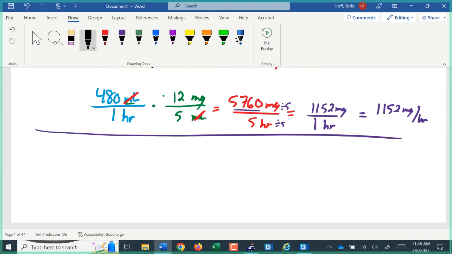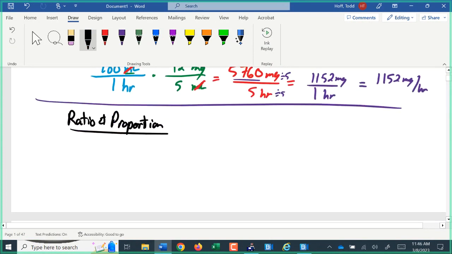Another big tool we looked at is a ratio and proportion. And the part that I want to look at here is, well, let's look at a simple ratio.